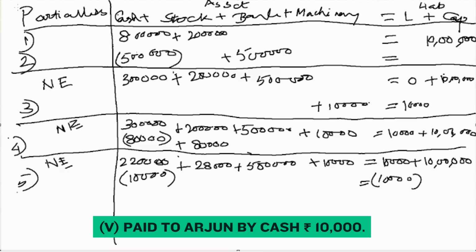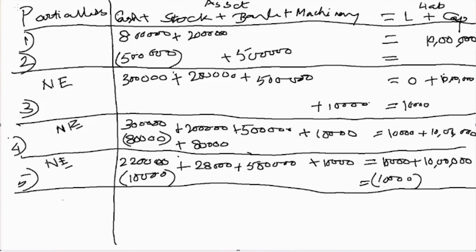So once again, we are going to do the new equation over here. So the NE is 2,10,000 plus 28,000 plus 5 lakhs plus 10,000 equals to, over here we have 0 and over here we have 10 lakhs.